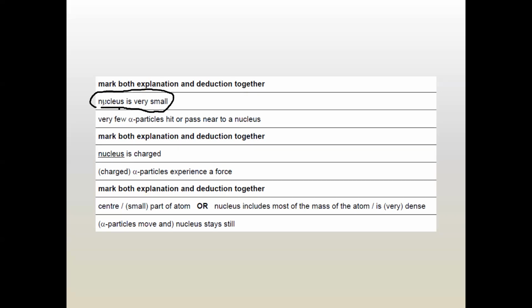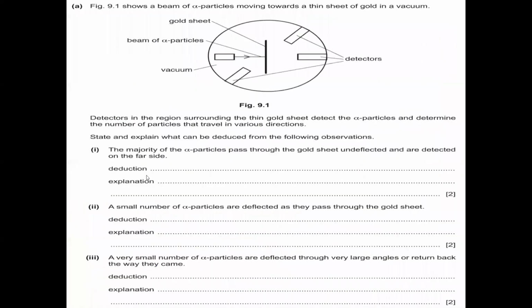The size of the nucleus is very small and very few alpha particles interact. Why do we conclude like this? Because there is no interaction or very few interactions between the alpha particles and the nucleus.